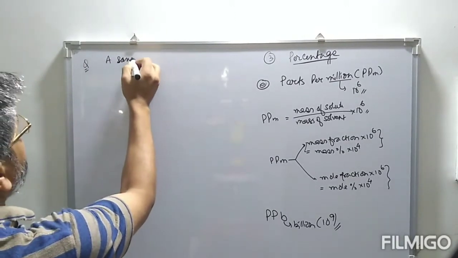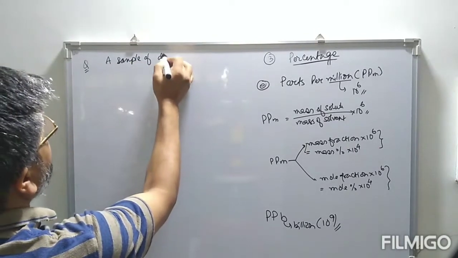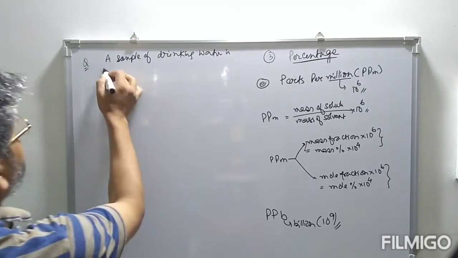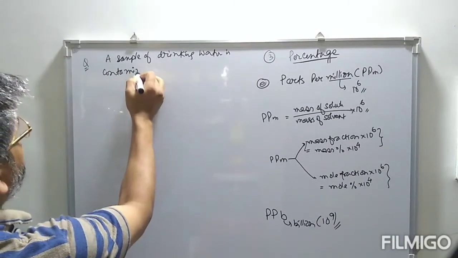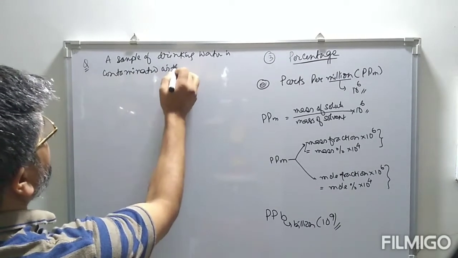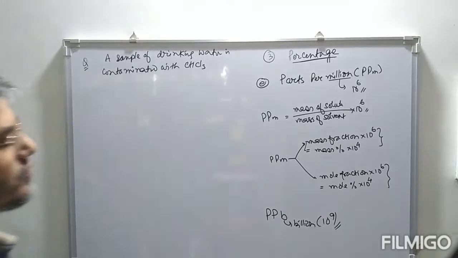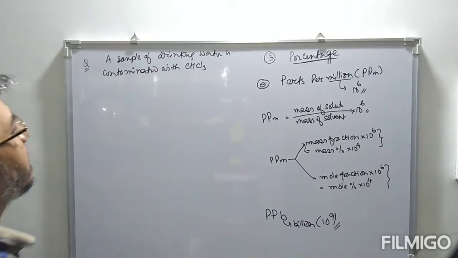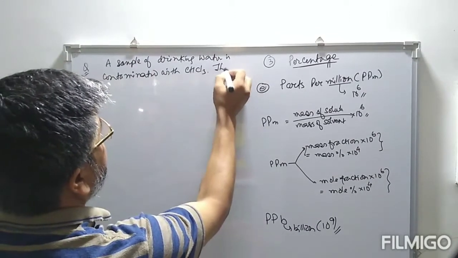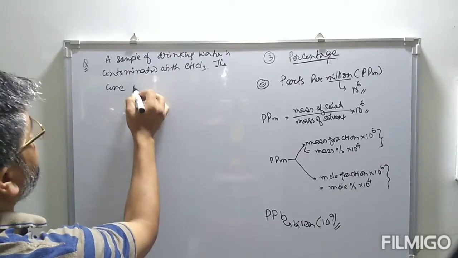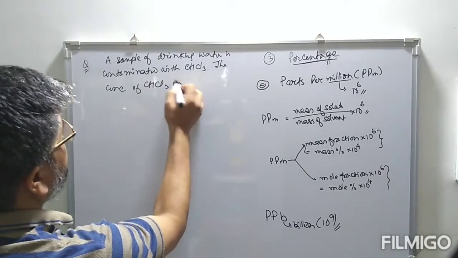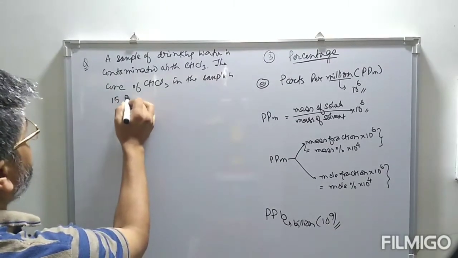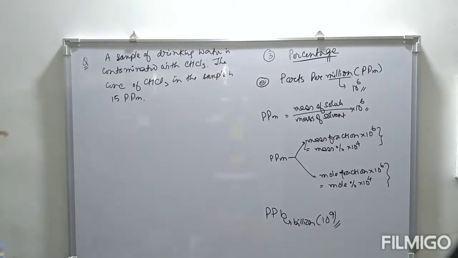Suppose a sample of drinking water is contaminated with chloroform. The concentration of chloroform in the sample is 15 parts per million.